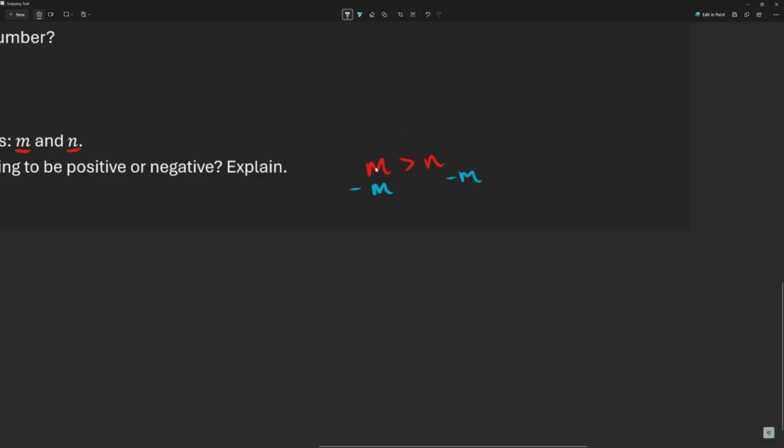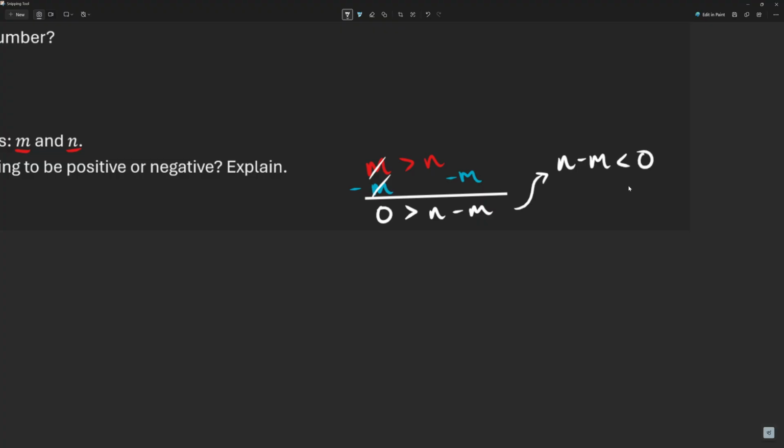And what we get is M minus M, which cancels out. They become 0, which will be greater than N minus M on the right hand side. So it turns out that N minus M, you can switch that around, is less than 0, which means it must be negative, right?